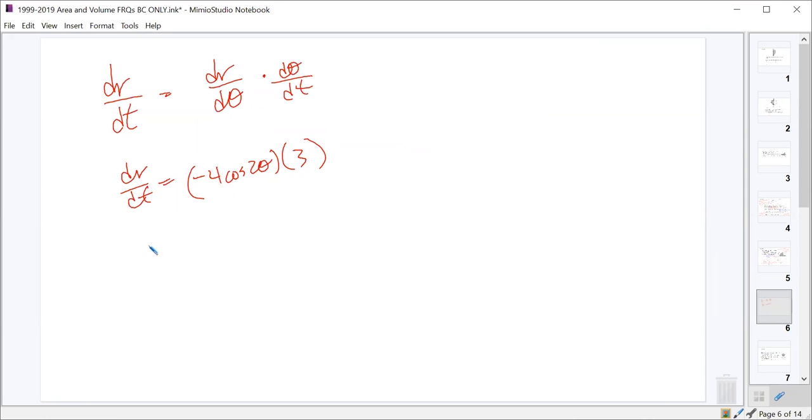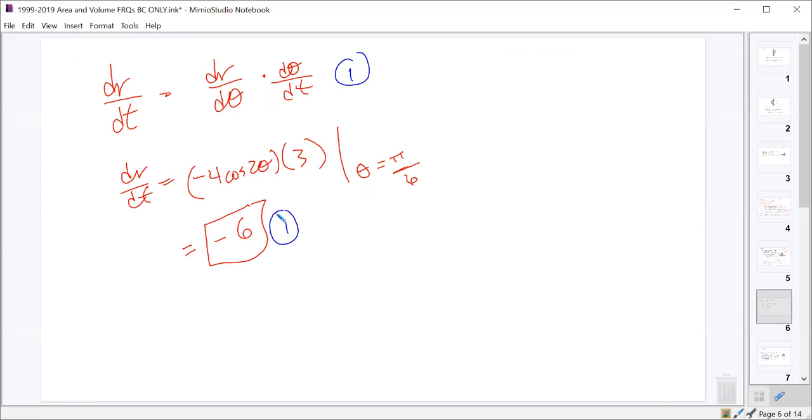What was the theta value they asked us for? Pi over 6. Just plug in pi over 6, and looks like that comes out to be -2 times 3, which is -6. And you got 1 point for setting it up properly and 1 point for the answer. Good or no? Good.